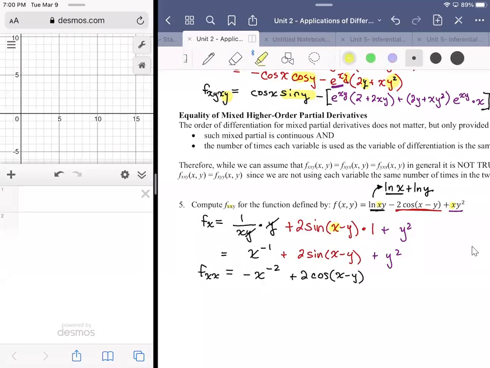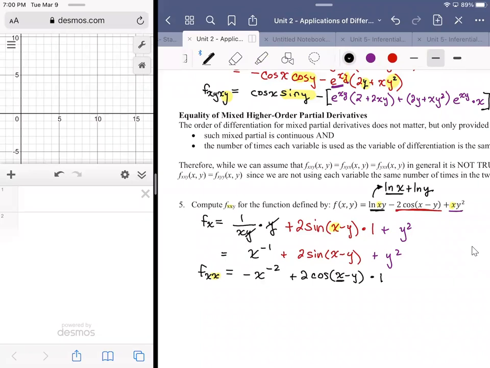Again, the derivative with respect to x is going to be just the x component, which is a 1. Derivative of x is equal to 1. That y squared is going to 0 because it's constant. It doesn't contain an x. So that's going to 0, that's gone.